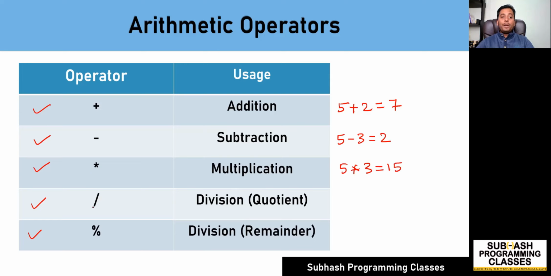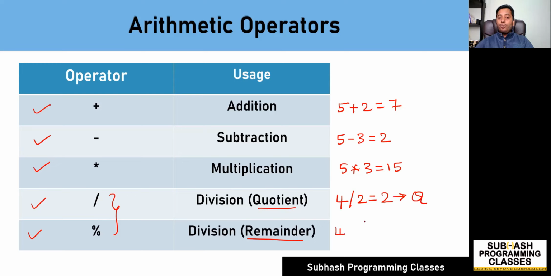And the division operator as well as the modulo operator both do the same thing. That is, both are used for division, but the only thing is the result that they give us is totally different. It means the division operator is used to give me the quotient after dividing two numbers, and the modulo operator is used to give me the remainder after dividing two numbers. It means if I say 4 division operator 2, this will give me the result as 2, which is nothing but the quotient.